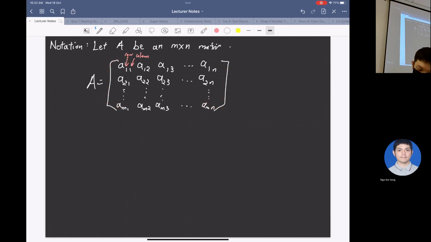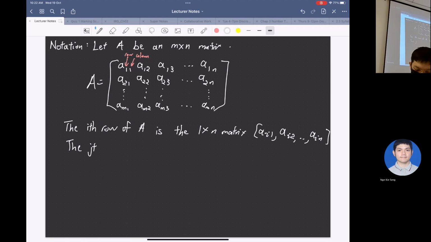If we talk about the i-th row of A, it's a row matrix, a 1 by n matrix: Ai1, Ai2, up to Ain.